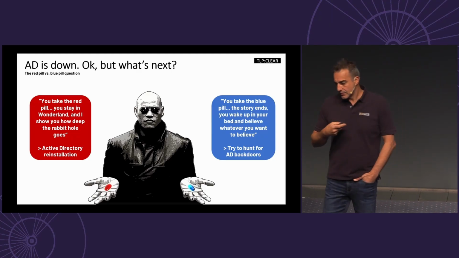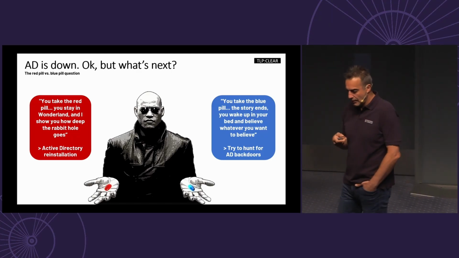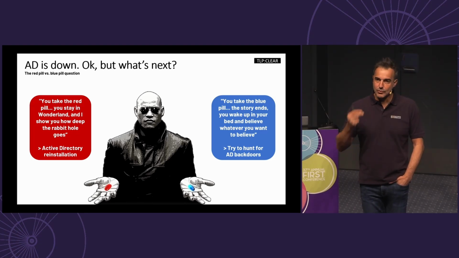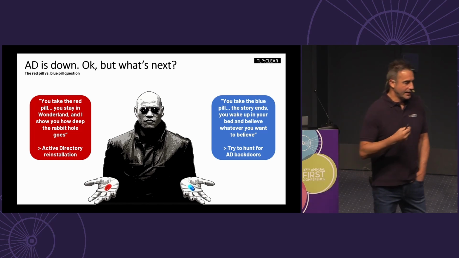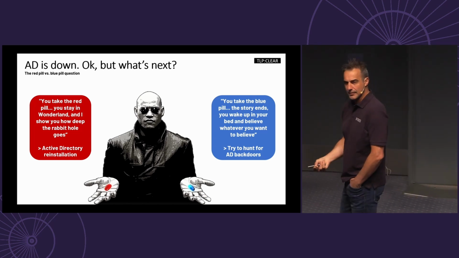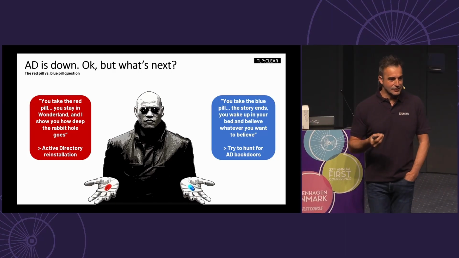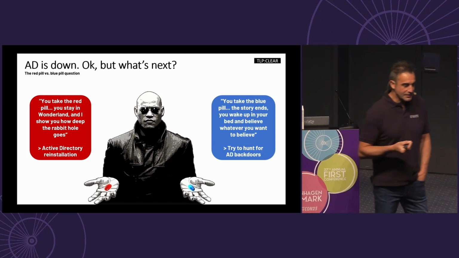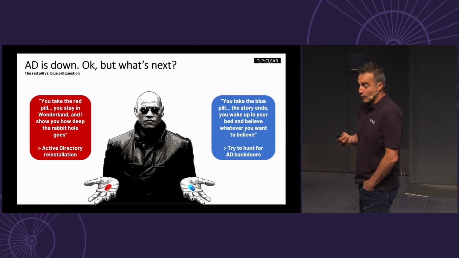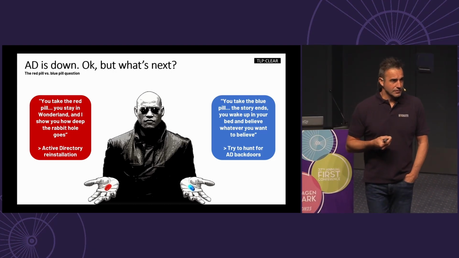During my different missions, every time I was doing incident response related to AD, I received the same question: can I keep my AD, or do I need to reinstall my AD? That's the question. And the thing is, nobody can answer. Why? Just because of the backdoors.